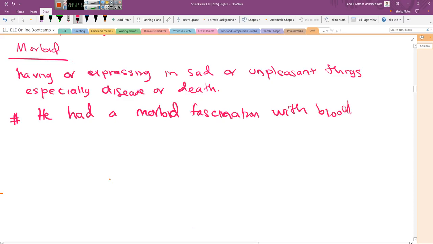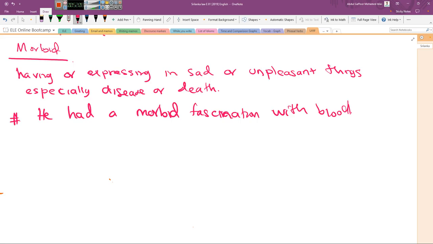Now normally people do not like blood, right? But a person is liking the flow of blood, and when he sees blood he becomes happy. In that scenario we can say that he has a morbid fascination. He is fascinated about blood.